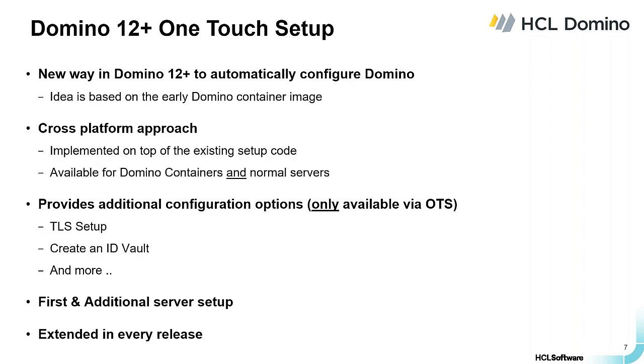The Domino CA, which has been supported for automation since 14.0, is not available either. So really, I would encourage you to look into one-touch setup. Even if you just use the basic one-touch setup, it's always the better approach for a setup. And you will see it's really easy. So let's have a look.